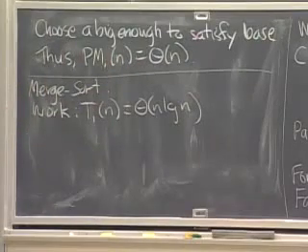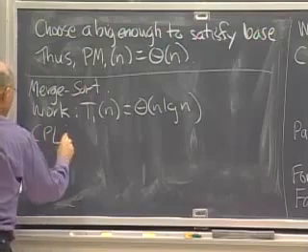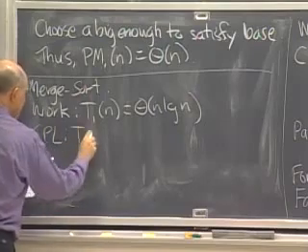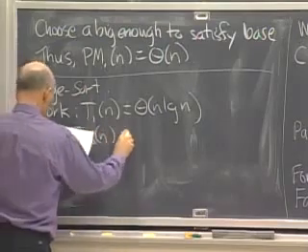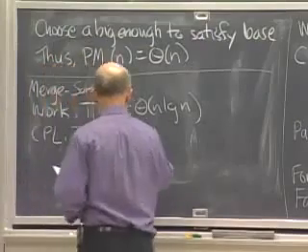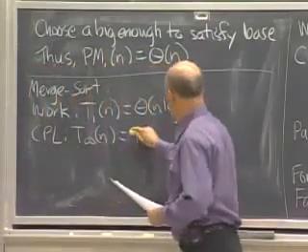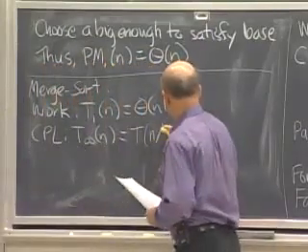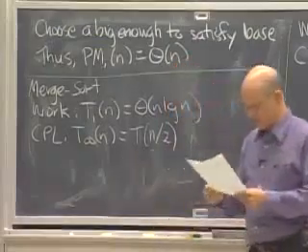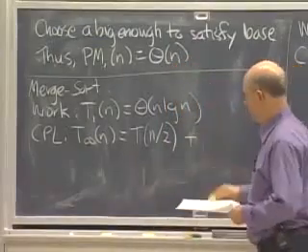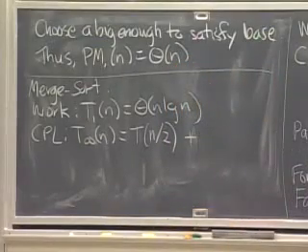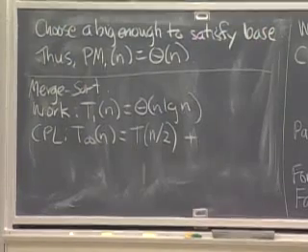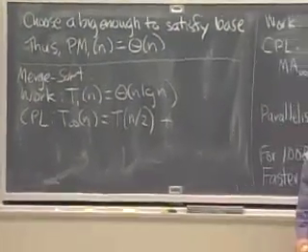The critical path length T infinity of n: in normal merge sort, we have a problem of half the size, T of n over 2, plus now my critical path for merging is not order n as it was before.